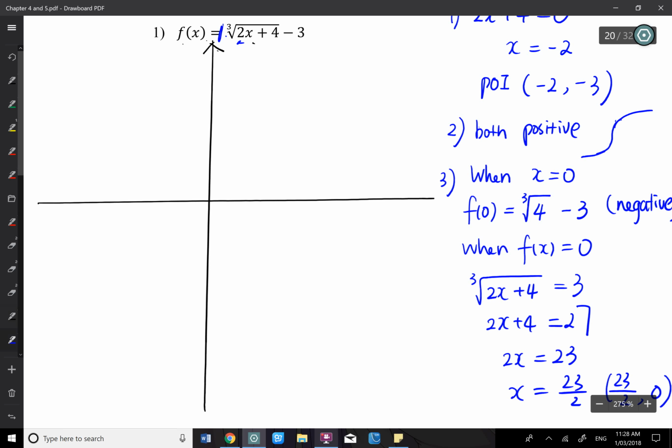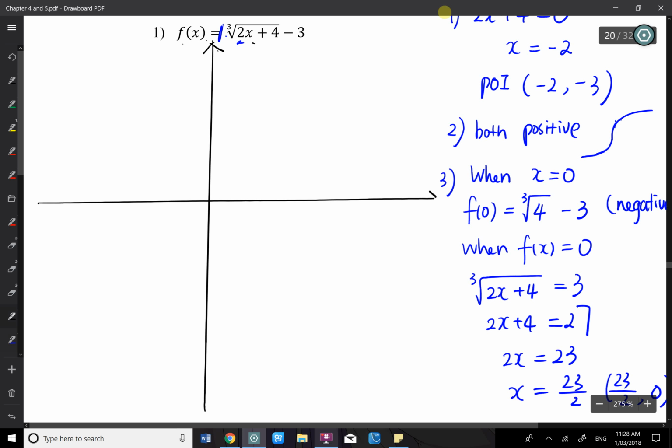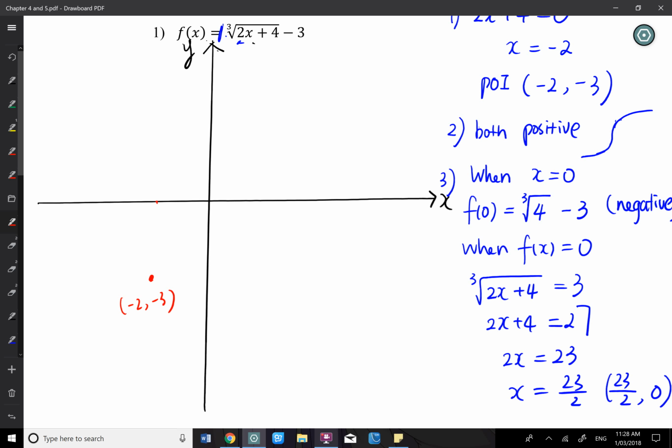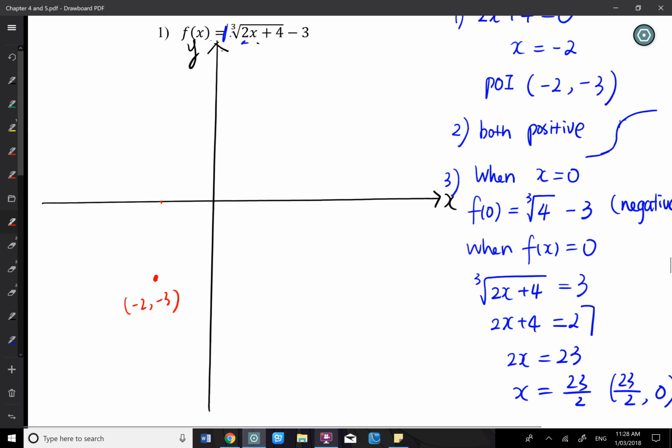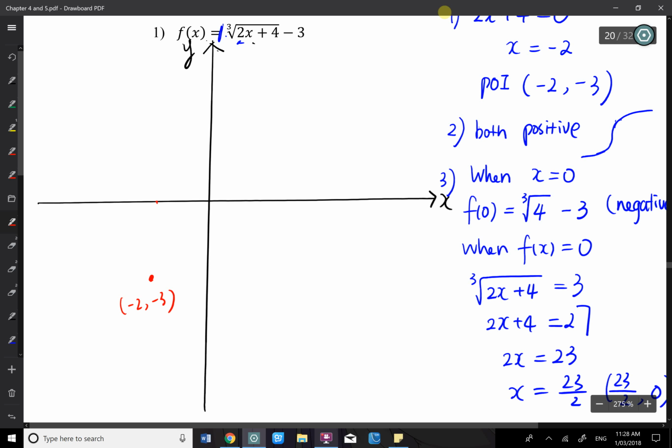So first we label the stationary point of inflection, -2, -3, which is here. And we have 0 and a negative y-intercept, about here, that point is 0, cube root 4 minus 3.